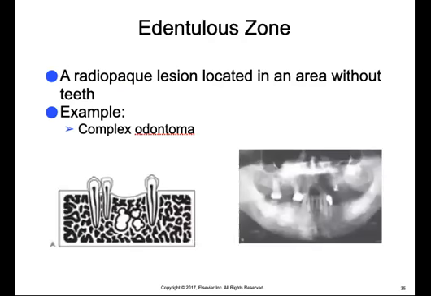The term edentulous zone refers to an area without teeth. An example of a radiopaque lesion in an edentulous zone is a complex odontoma. A variety of radiopaque lesions may occur in an edentulous zone, and that's another reason why we take a panoramic X-ray.